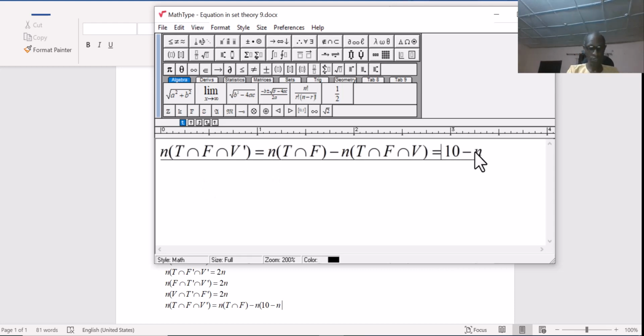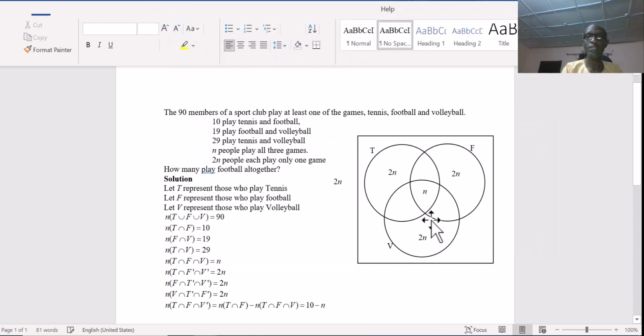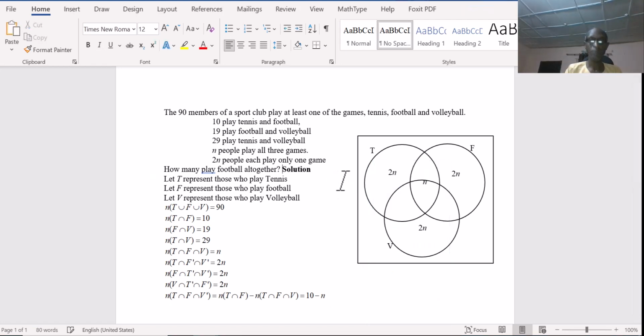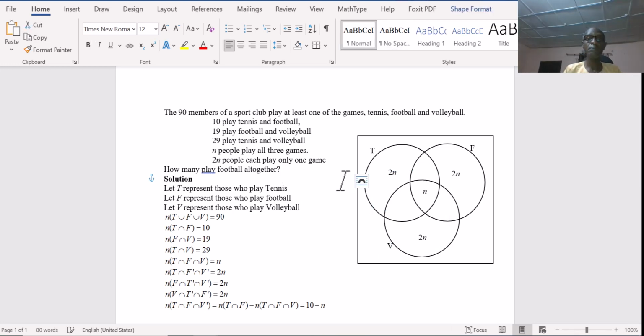So that's 10 minus N. So I'm going to write 10 minus N on this side so you can see what we are doing. 10 minus N. So that is this region.